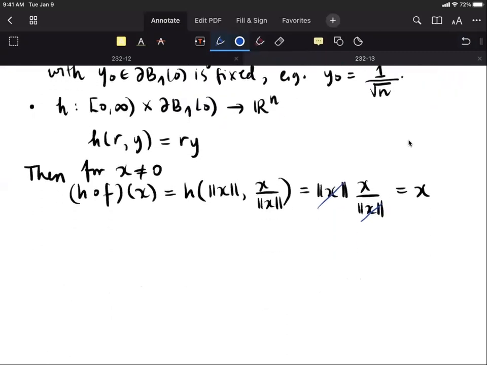Okay, so now let us consider or define two measures.